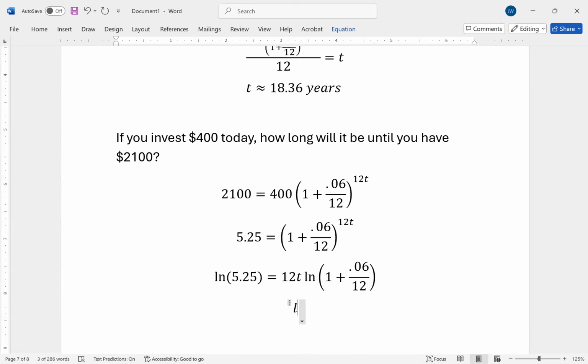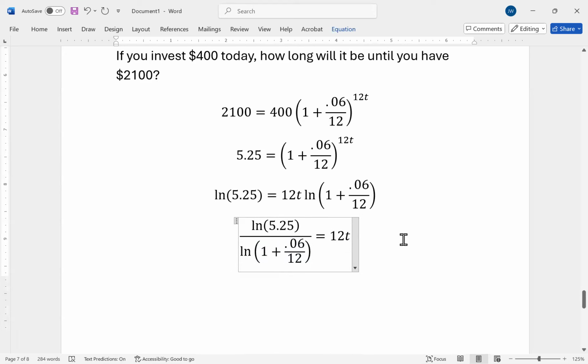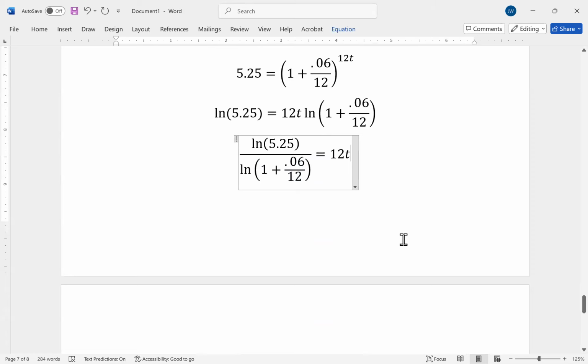Just like we've done before, we divide by that natural log. Natural log of 5.25 divided by natural log of 1 plus 0.06 divided by 12. That's set equal to 12t, and then I would divide both sides by 12.